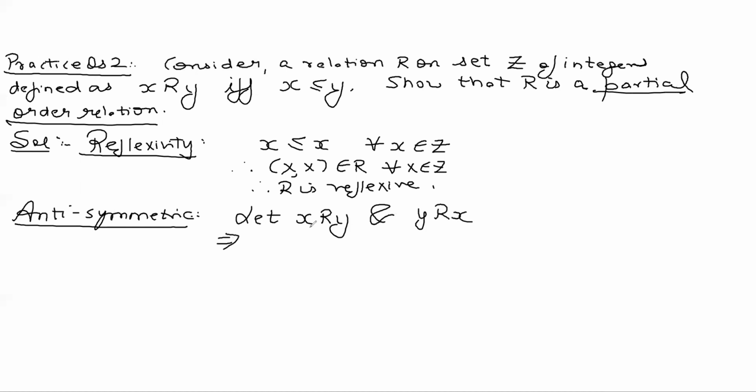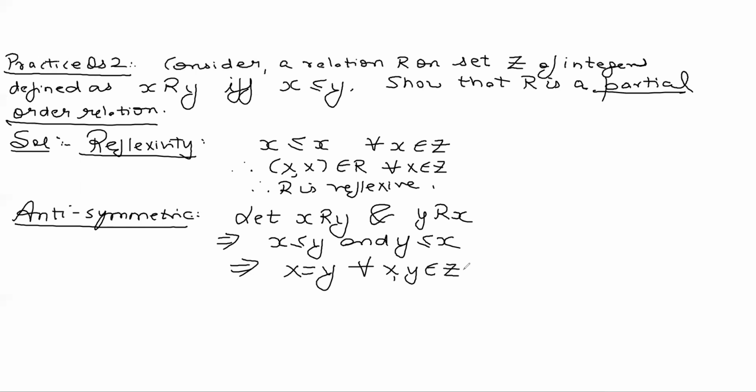This implies x is less than or equal to y and y is less than or equal to x. Guys, what does this mean? If x is less than or equal to y and at the same time y is less than or equal to x, it implies x is equal to y for all x and y belonging to integers. Therefore, R is antisymmetric.